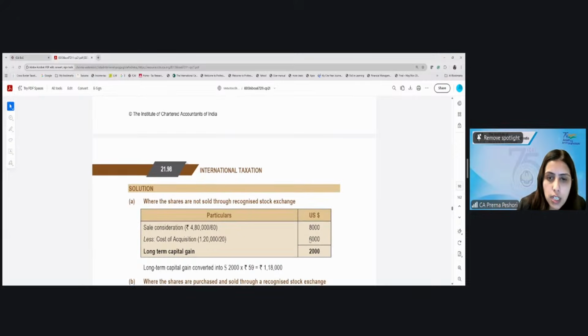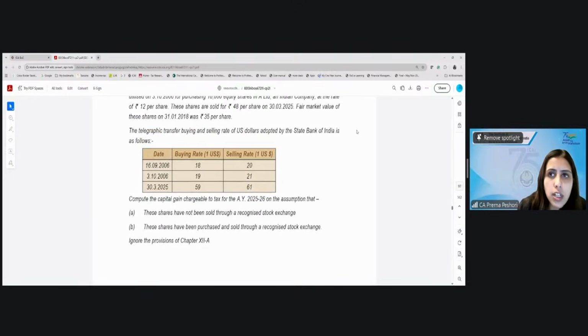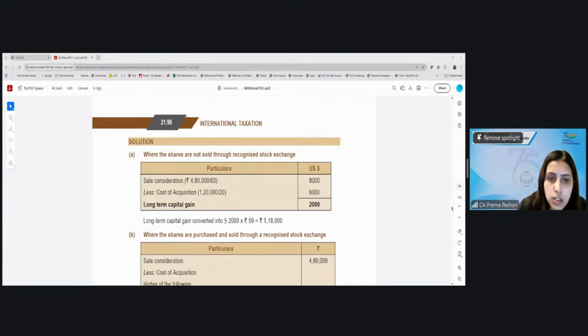So this comes to 6,000. So 8,000 minus 6,000 is 2,000. Now again, I will convert this 2,000 using what exchange rate? 59. Yes, TTBR as on the date of transfer. So this is how the exchange rate fluctuation benefit has to be considered, which gives me 1,18,000.